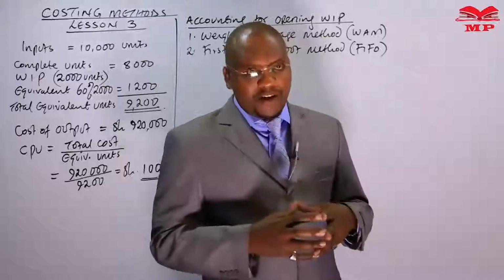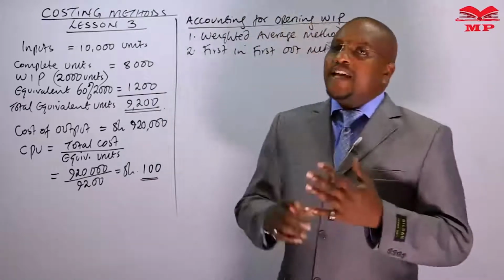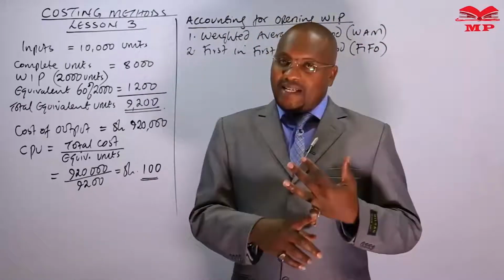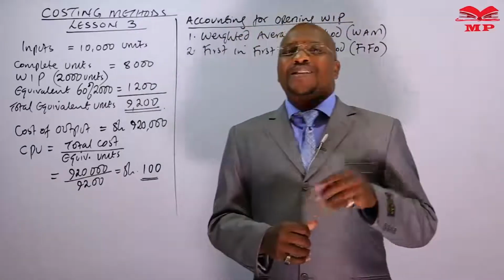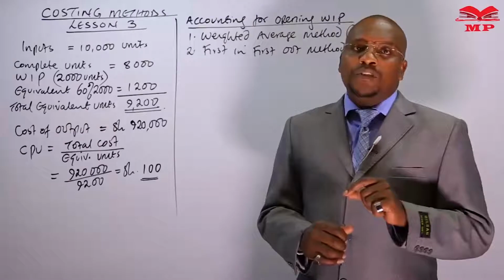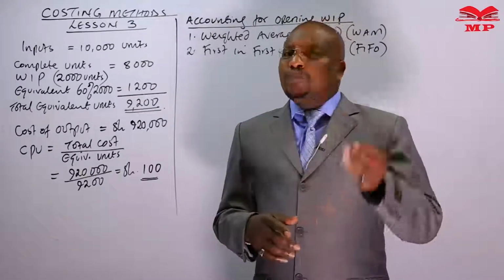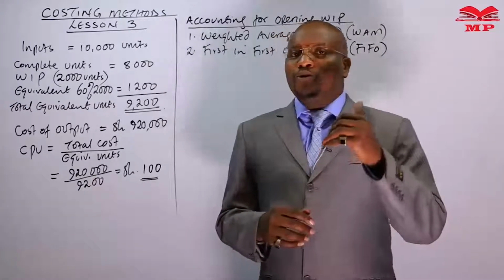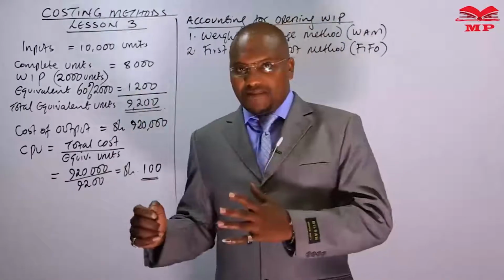Now, this is what I mean by the FIFO method: the units that were done previously but were not completed are the units we should start with this time. Therefore, we are going to work less. We should not mix these units with the units that we are going to do and complete from 0 to 100%.